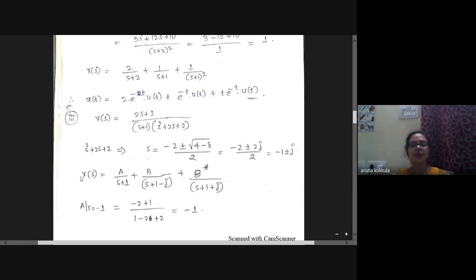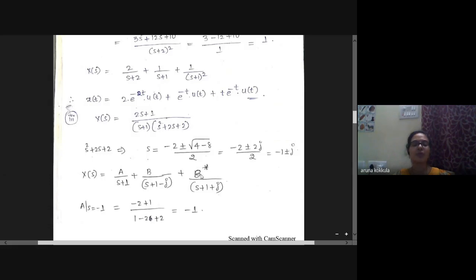X of s is equal to a by s plus 1 plus b by one of the complex poles, s plus 1 minus j, plus b complex conjugate by s plus 1 plus j. If you calculate the coefficient b, the complex conjugate is b star, by applying the complex conjugate.